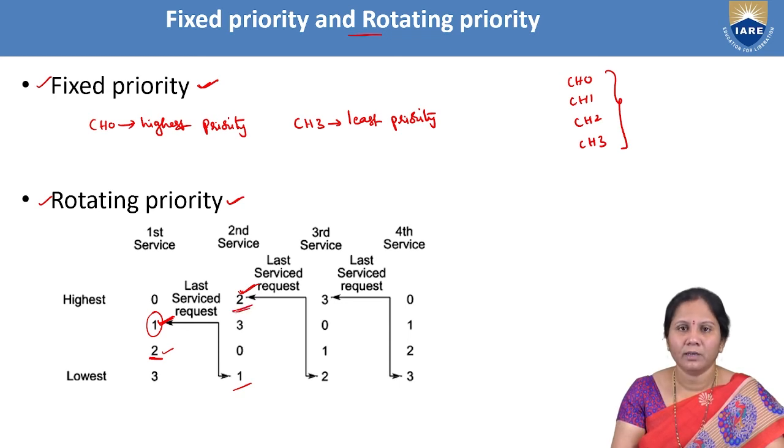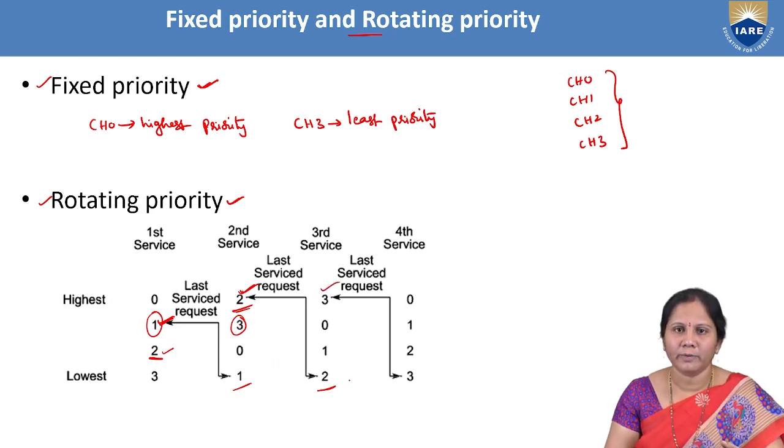After it completes the execution, it goes to the least priority, and the channel that is going to be serviced next will have the highest priority. So after this is serviced, the least priority will be allocated for this channel, that is the IO devices connected to that channel, and the channel that is going to perform the next transfer will have the highest priority. So this is how the rotating priority is operated.